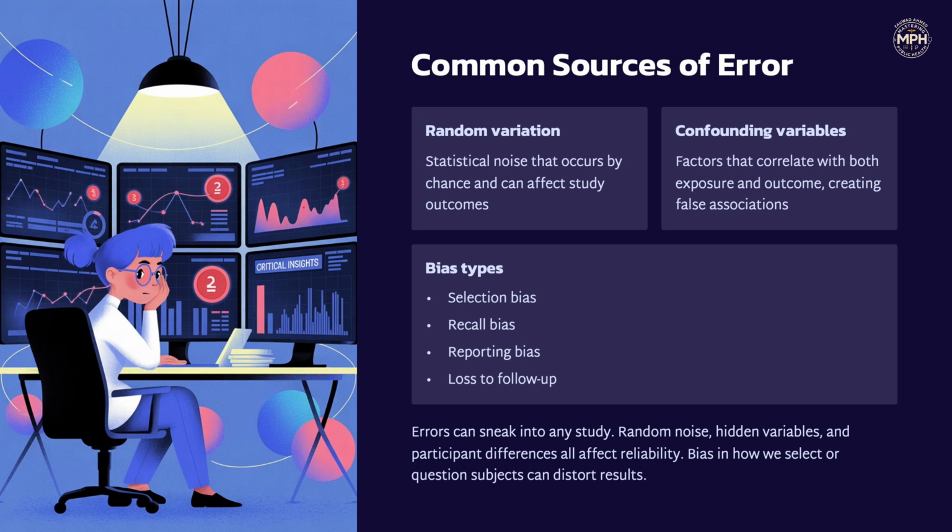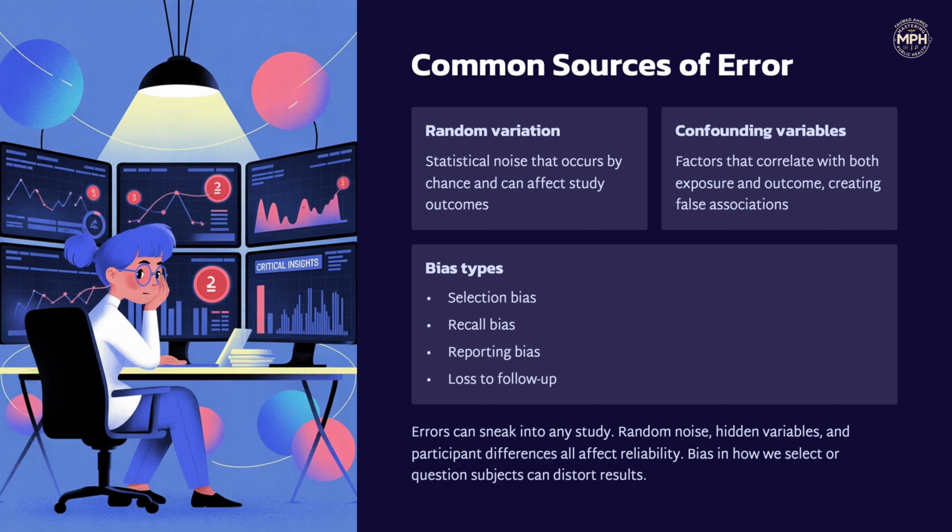Another example: a study once claimed that infants who slept with the light on were more likely to develop nearsightedness. But follow-up research revealed a confounder. Myopic parents were more likely to leave lights on and also more likely to pass on the condition genetically. 3. Bias. Bias is systematic error.